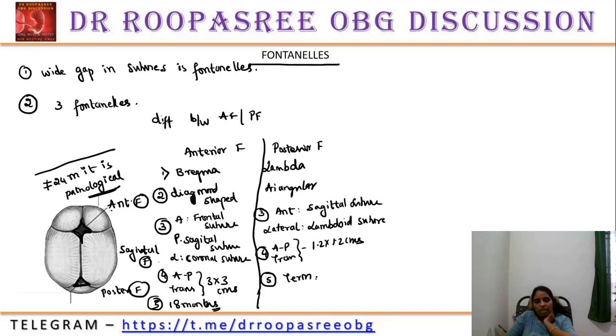These fontanelles are very important. I will discuss it again for you all. This is the anterior fontanelle, this is the posterior fontanelle, and the third one is the sagittal fontanelle.